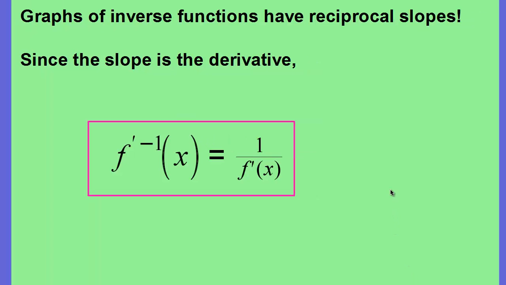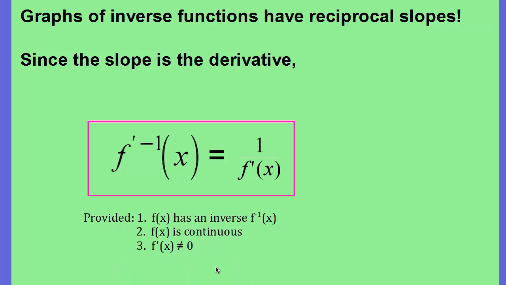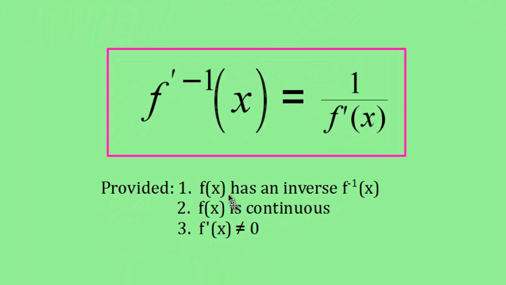So this leads to an interesting conclusion that the graphs of inverse functions have reciprocal slopes to that of their parent functions, and since the derivative comes from that concept of a slope, the derivative of an inverse function is equal to 1 over the derivative of the parent function, provided 3 things are true. First of all, the parent function has to have an inverse.